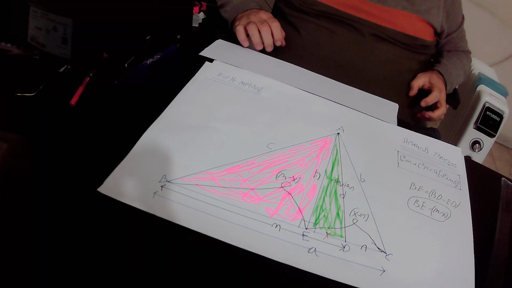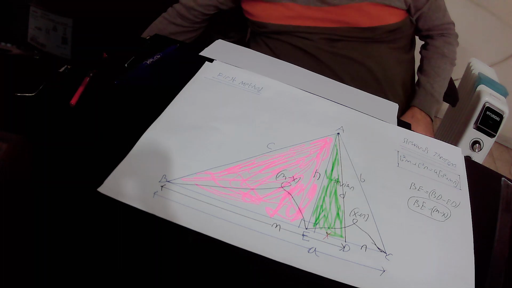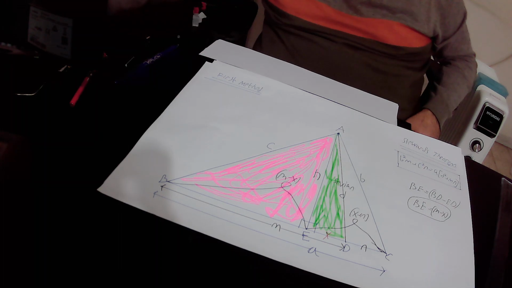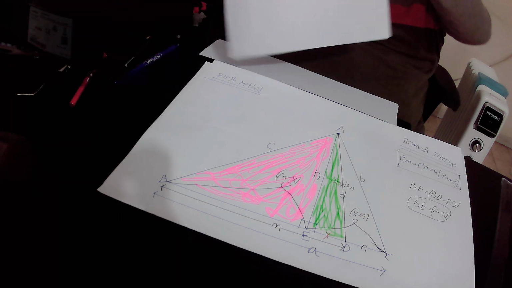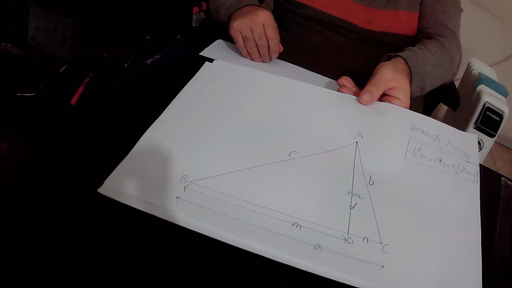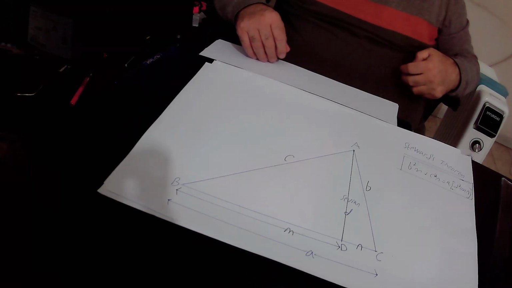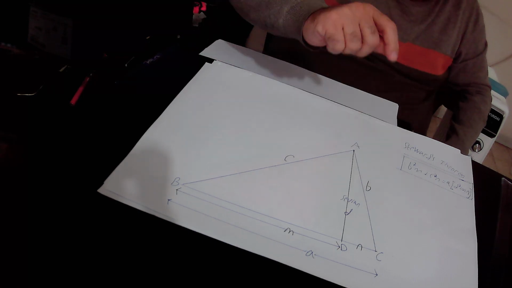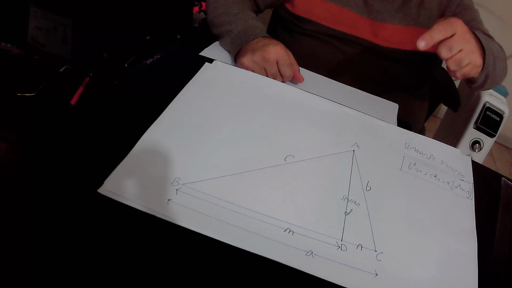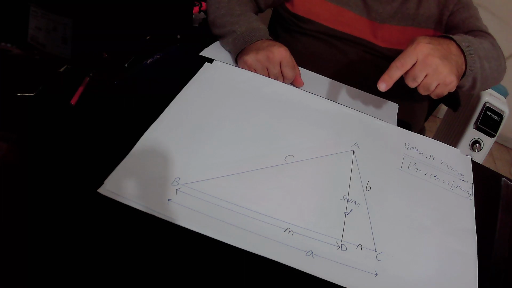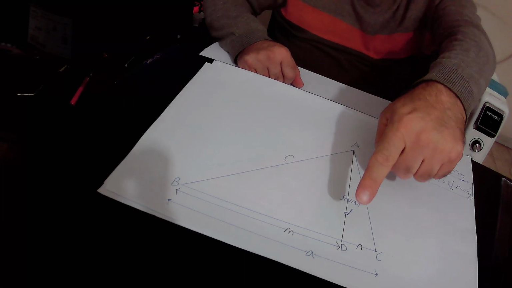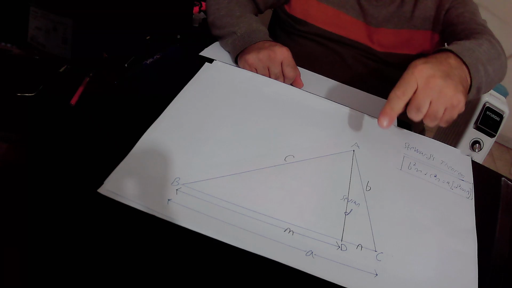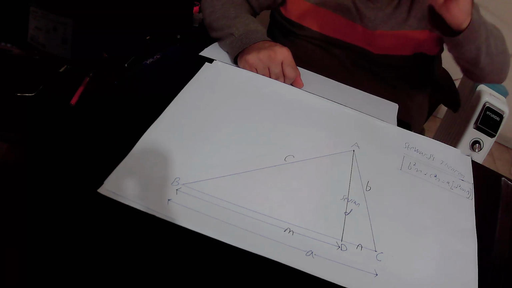In a nutshell, Stewart's theorem yields a relation between the lengths of the sides in the triangle and the length of its cevian. The cevian here is AD, and the cevian AD equals d units in length.